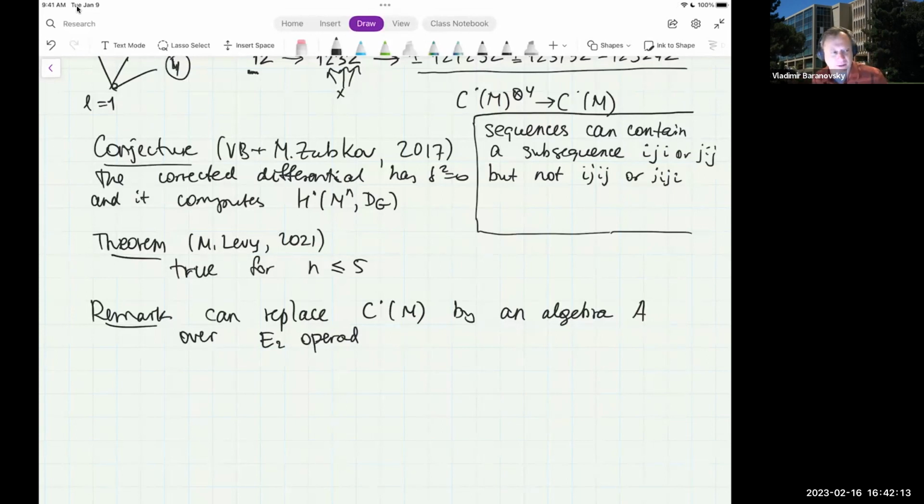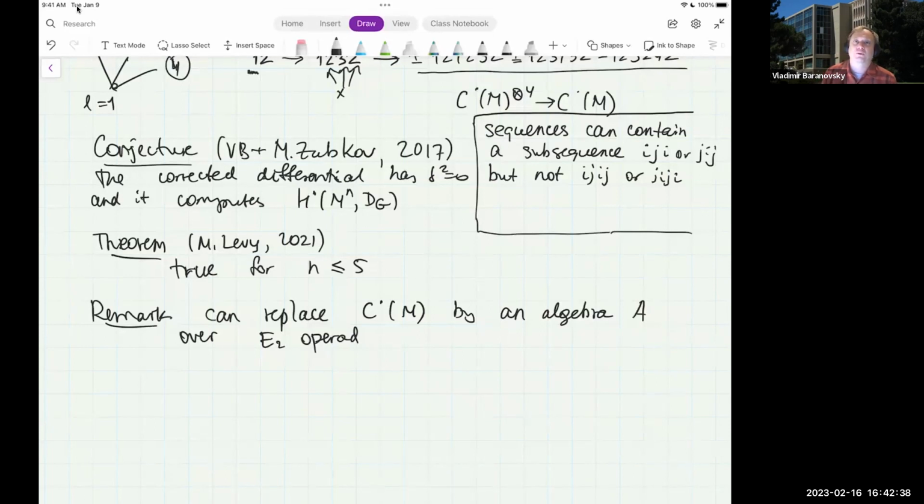So this is something that was observed by Maclaurin-Smith, that you have this filtration on the operations, and then this is a filtered piece which realizes the E2 operad. So at this point, it means that we could try to forget the manifold.